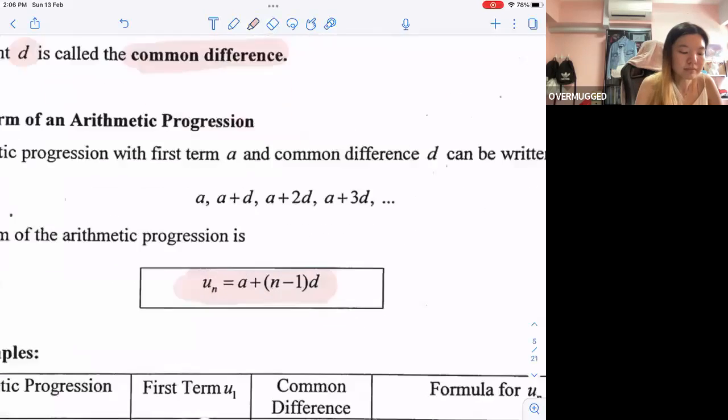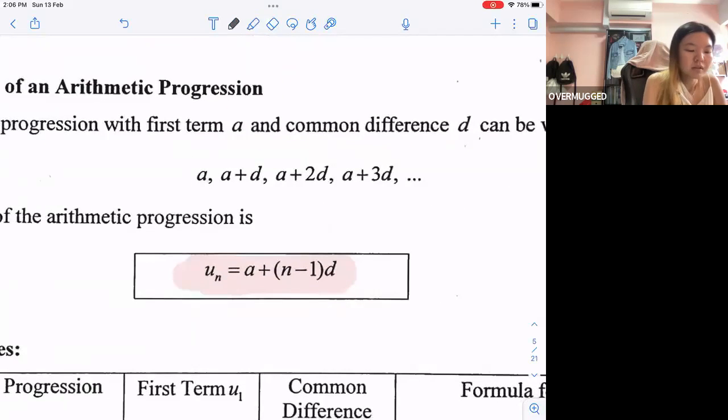Let's break this down. Un, of course, is the term itself. N is the number of the term. A is your first term, the very first term.